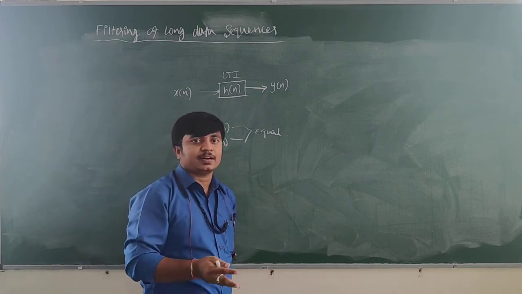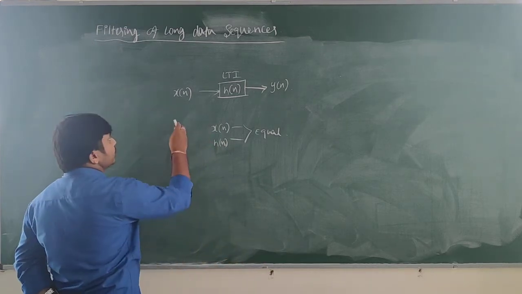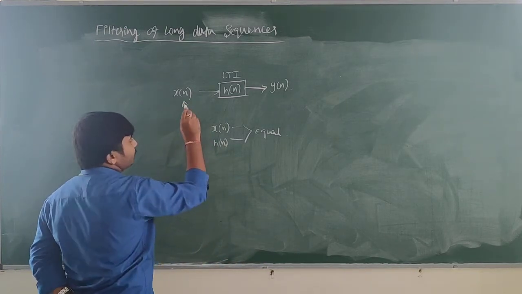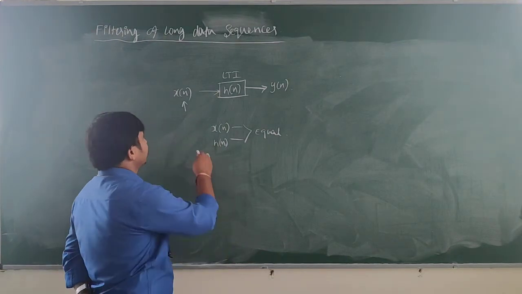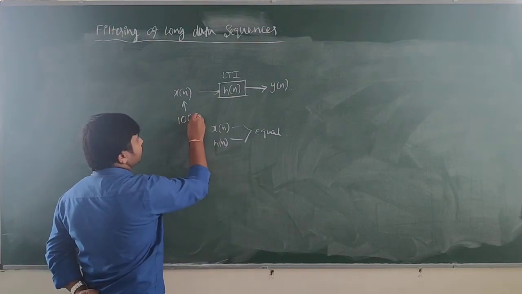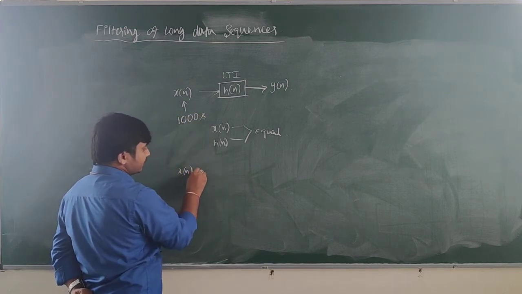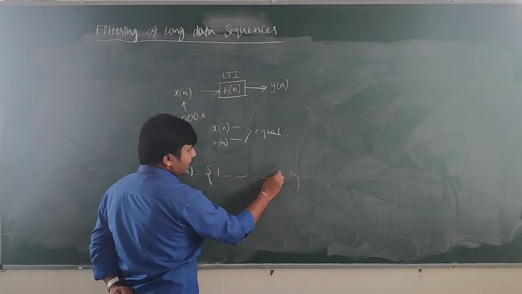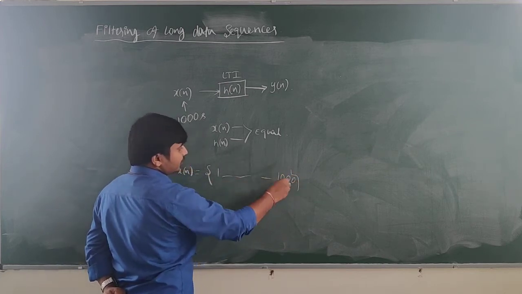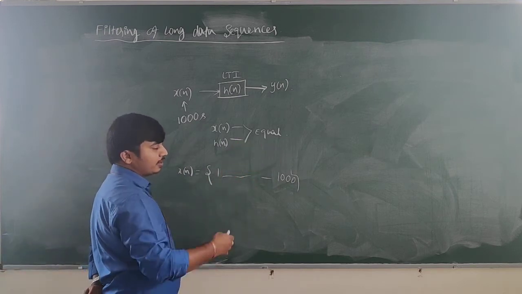But in practical applications, what happens? The input signal x of n will have a length in the thousands, say from 1 to 100 or 2000.